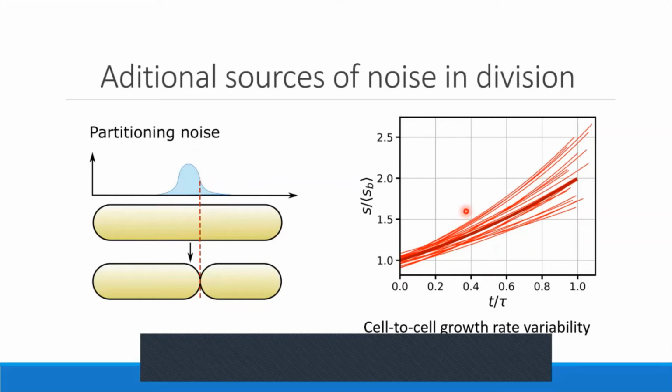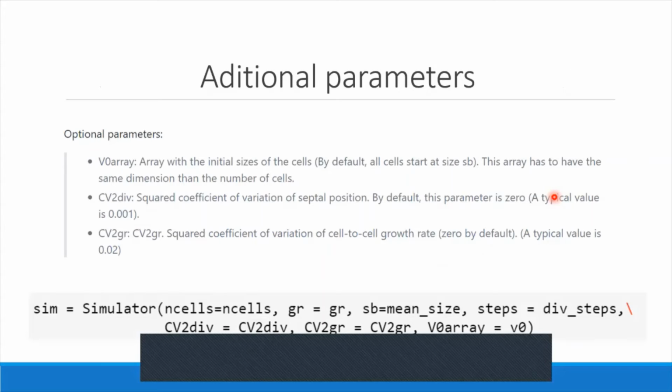And you can add also stochastic variability in the growth rate of every cell. Since what you see experimentally is that some bacteria grow faster than the trend line and other bacteria grow slower than this trend line.